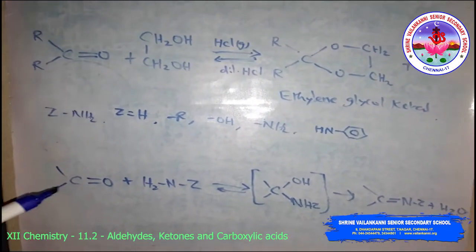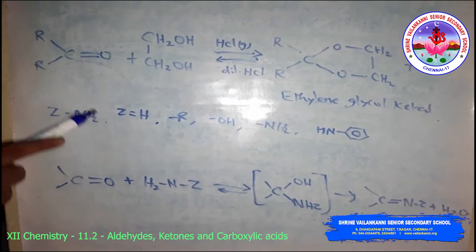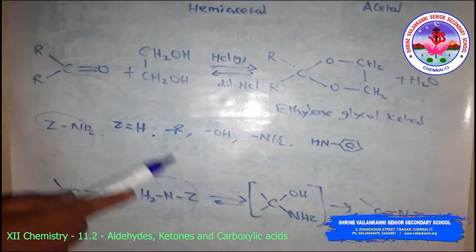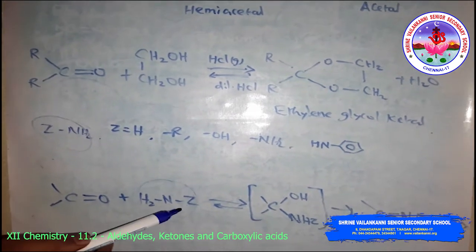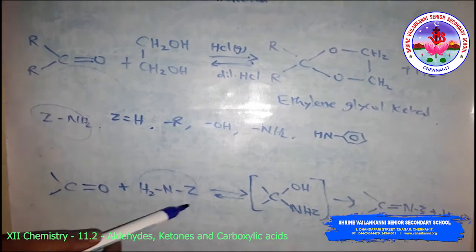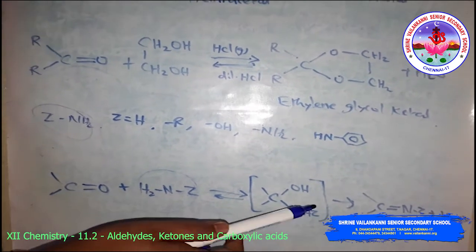For example, here Z is the substituent of the compound. Z may be hydrogen, that is ammonia. Ammonia reacts with the carbonyl compound to form an imine.